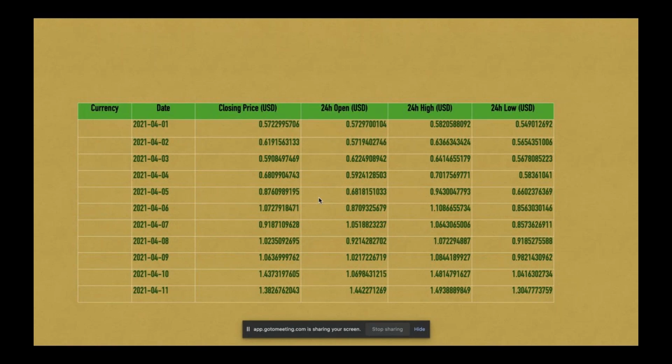When we see these numbers, the reason why I'm bringing all of this up, guys, is because this is exactly what happened last week to the S&P in terms of price action.